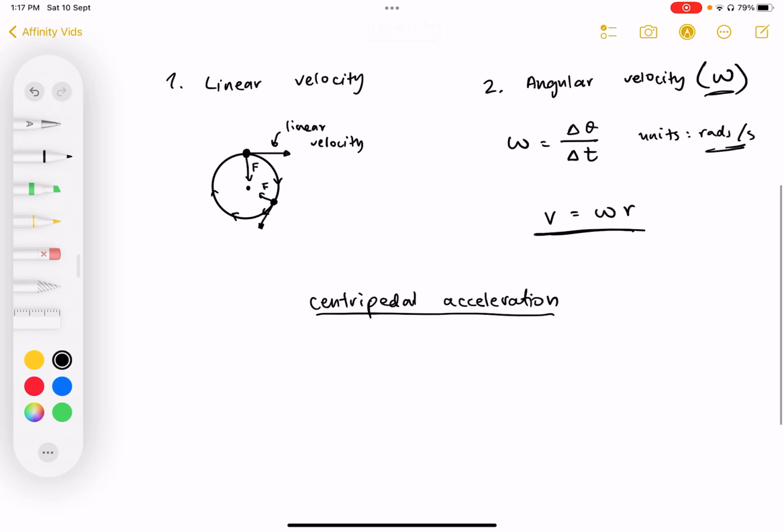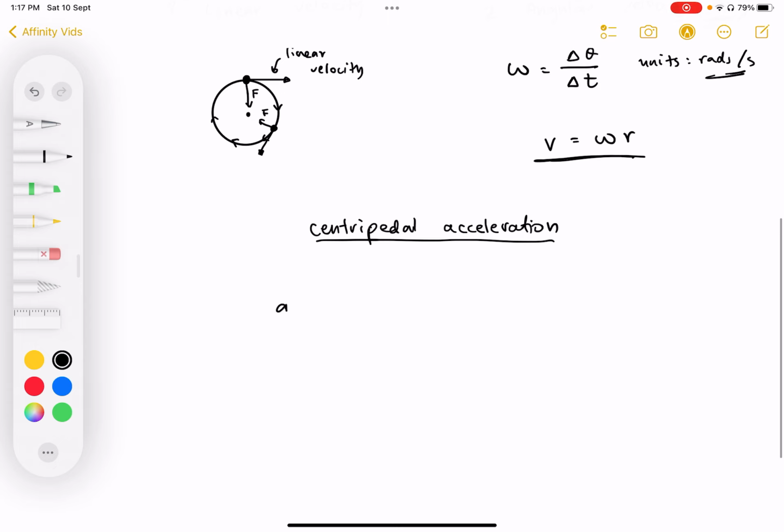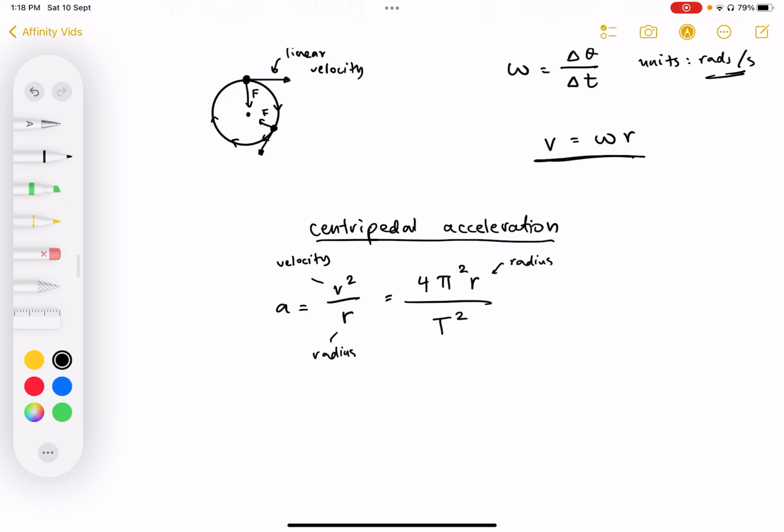So with our centripetal acceleration, how are we going to write this? The easiest equation for this is going to be like this. And so, we're going to recognize what these are. We have v is our velocity, r is our radius, r is also our radius over here, and T is our time period.